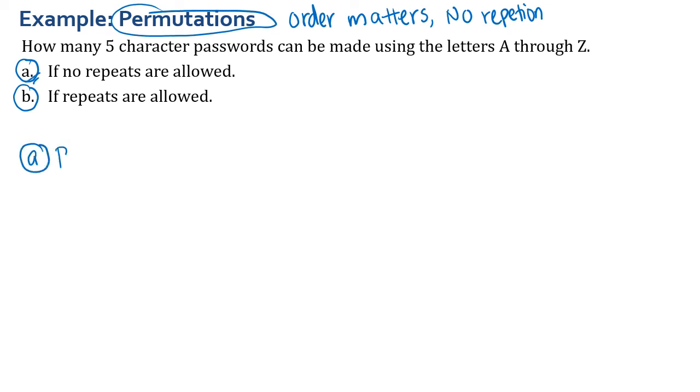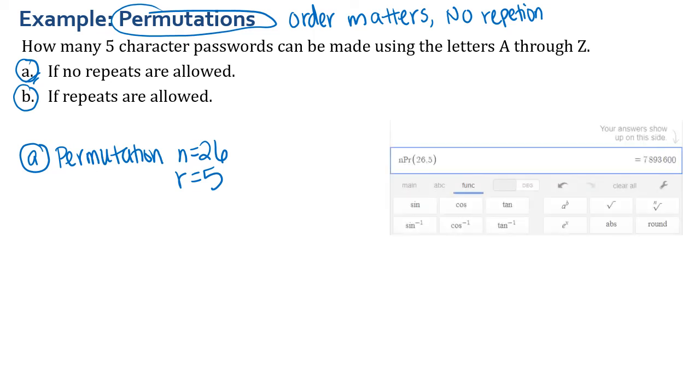So this is going to be a permutation where my N value, so how many different letters can I choose from? A through Z, there's 26 letters in the alphabet, and my R value, I am choosing 5 of those. So setting this up, I could use Desmos to show that here.